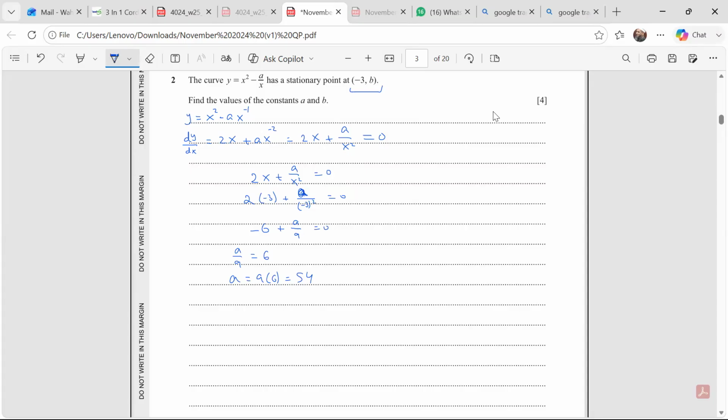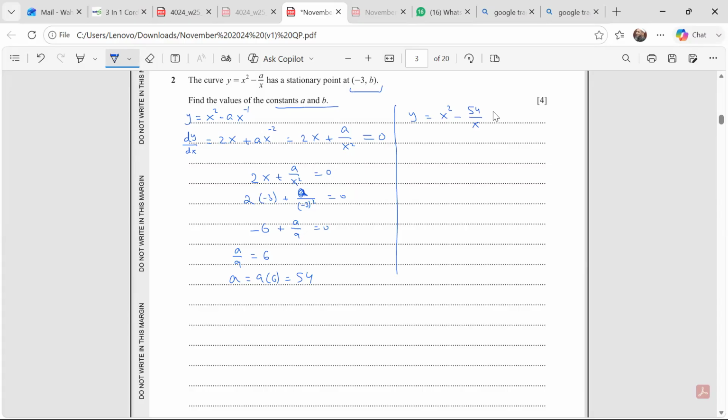Remember, we have to find the values of the constants a and b, and we found the value of a, which is 54. So our curve was y equals x squared minus a, which is 54, over x. This was the equation of our curve. It has a stationary point at x equal to minus 3, so when I put x equal to minus 3, the value of y has to be equal to b.